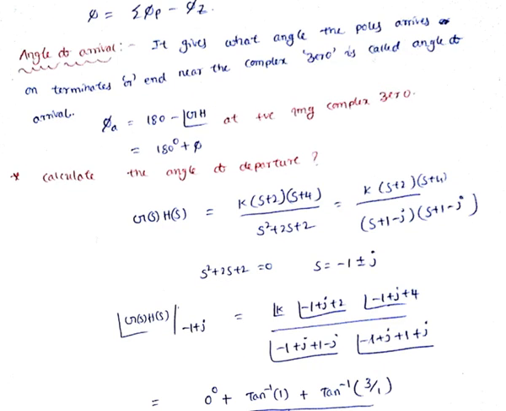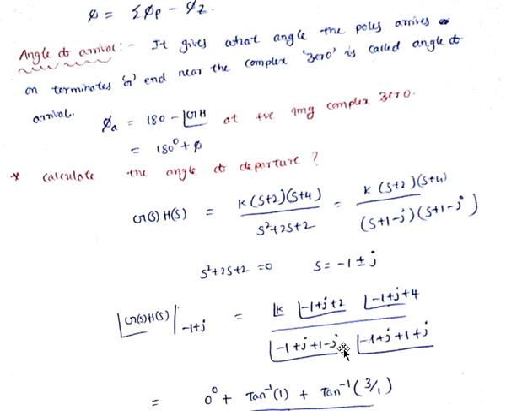Now we have to calculate the angle at the positive imaginary complex pole. Replace s by minus 1 plus j, substituting this value for each and every s.